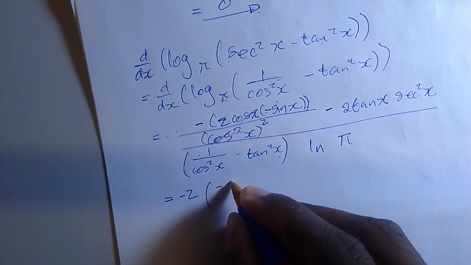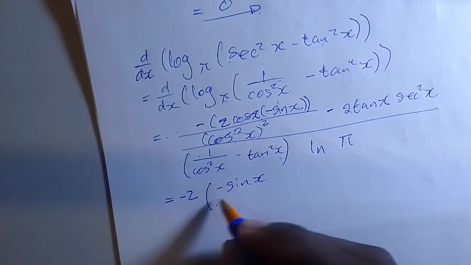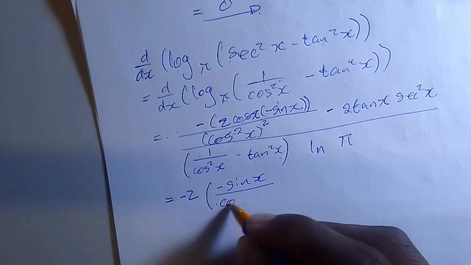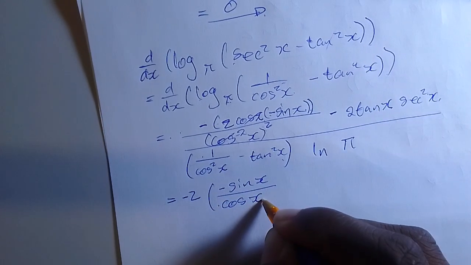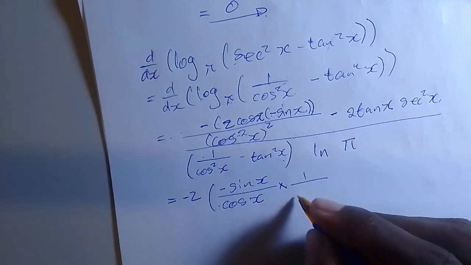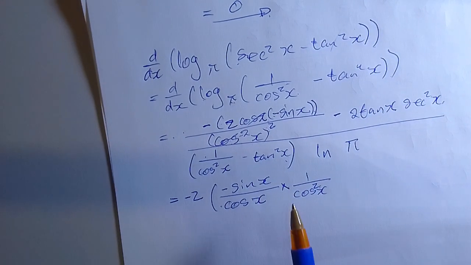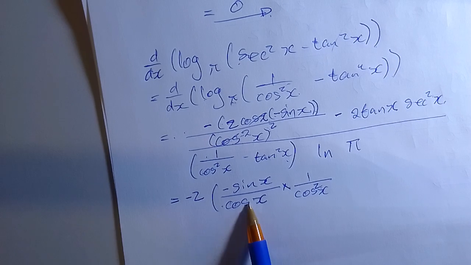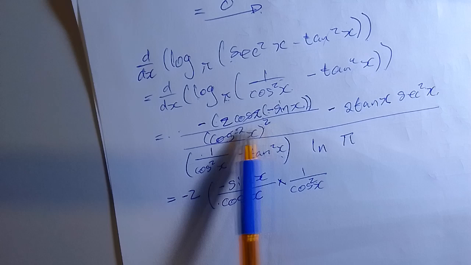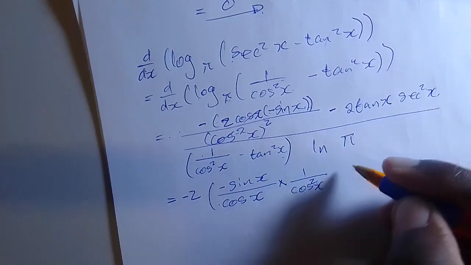And then you have negative sine x divided by cos x times 1 over cos squared x. There's a reason why I'm doing this, you will see in a few seconds. So multiplying this will still give us cos to the 3rd power, because we have cos to the 3rd power now since one of the cos's was cancelled.